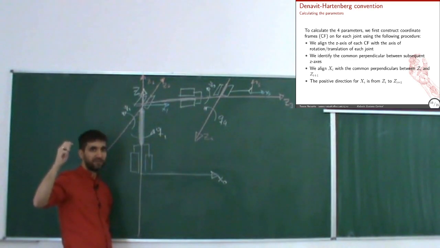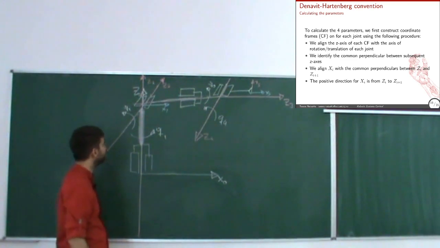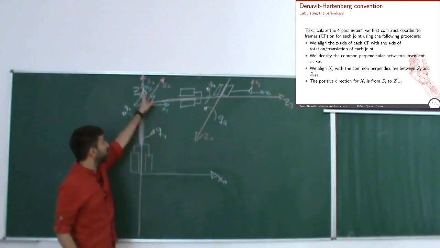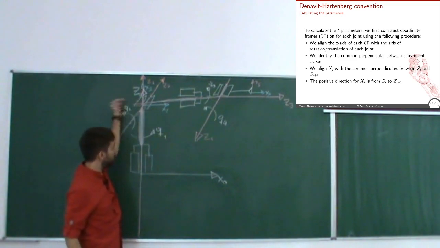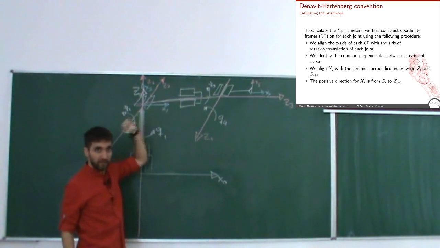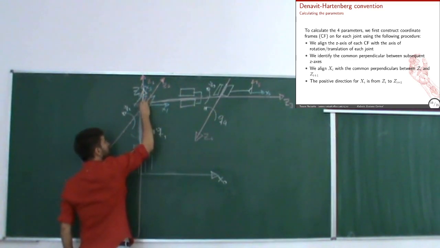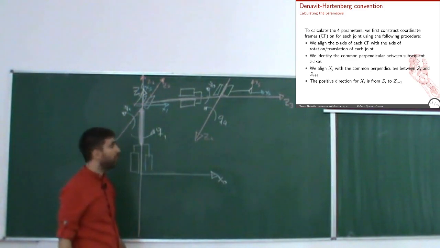One up, one down. We play it one day. X2 is perpendicular to Z2 pointing in and Z3. And if I put it here, it intersects with Z3 and Z2. So it's okay.